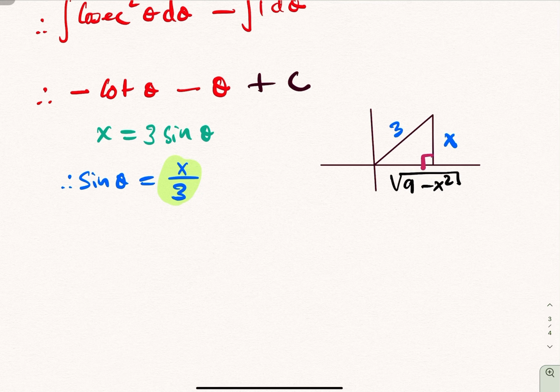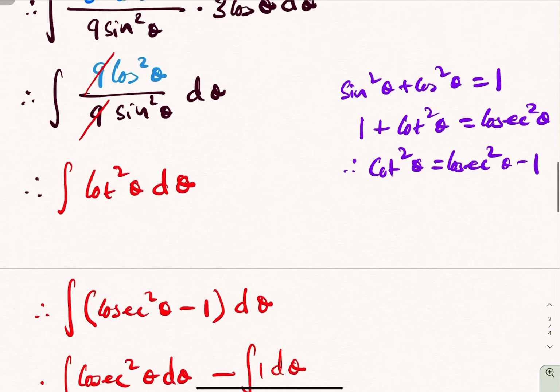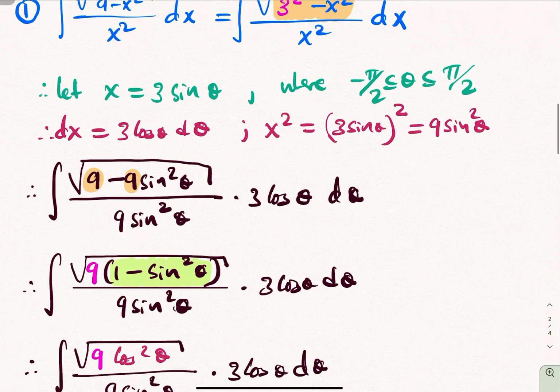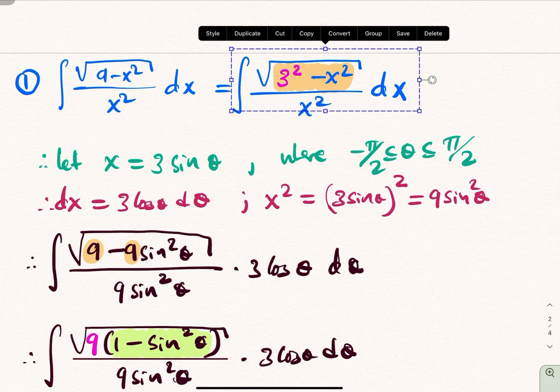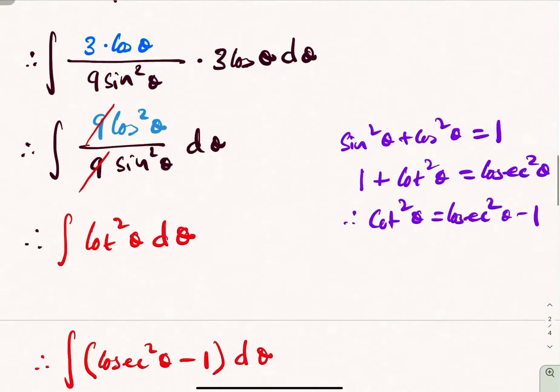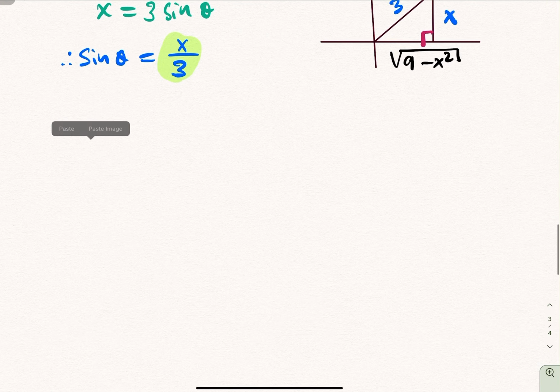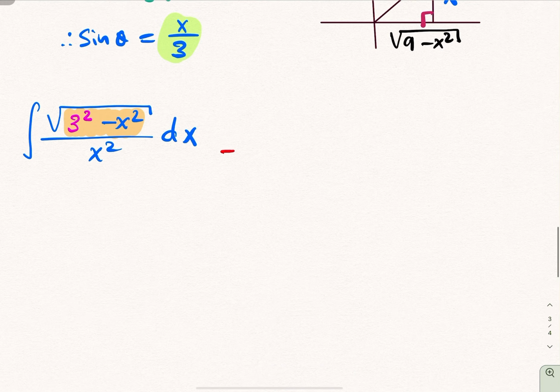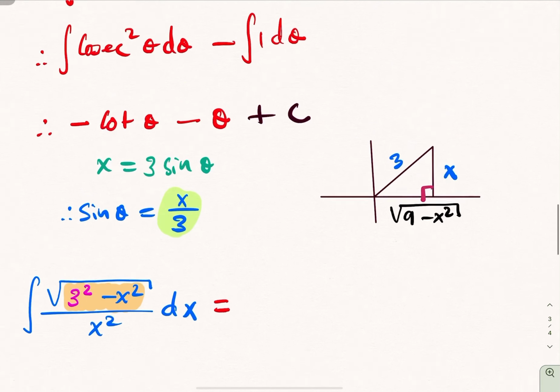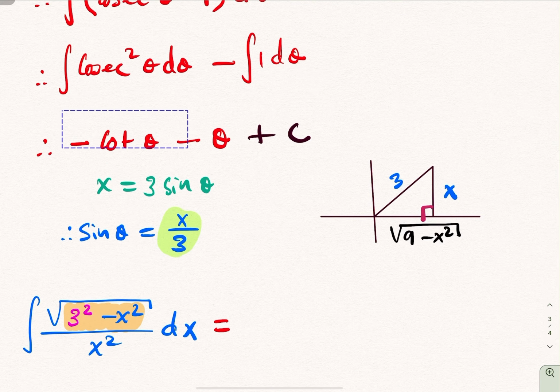Now, I want you guys to follow with me. This was your integral. Let me copy it and paste it here. You gave me the answer that is equal to this one.